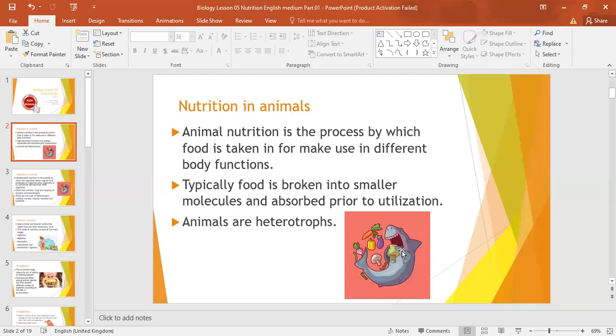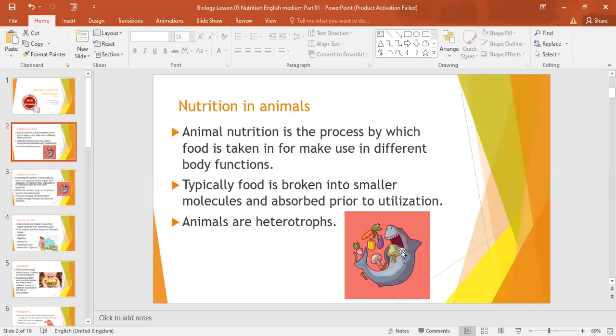Then it is mixed with saliva and digestion happens inside the body. After digesting, the nutrients are absorbed into the body cells and unwanted materials are removed as feces. That is the overall story in humans and most animals.